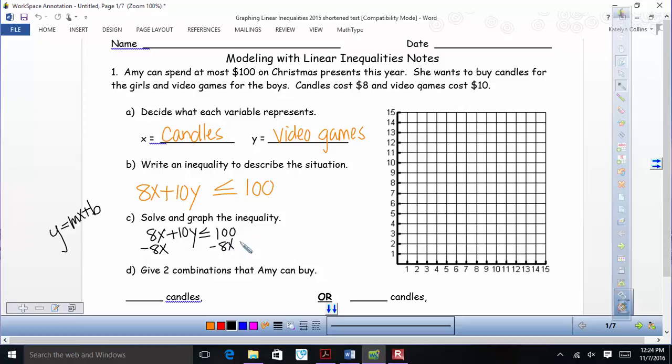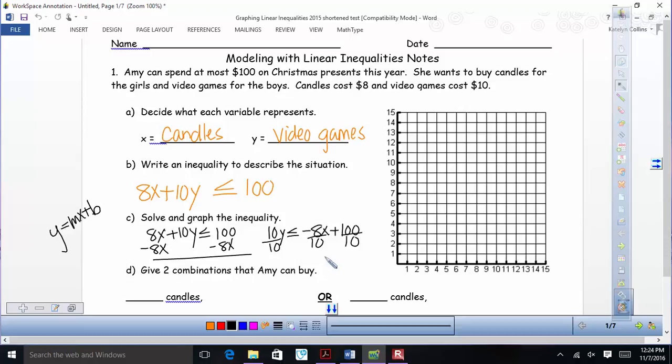We subtract 8x. That would give me 10y is less than or equal to negative 8x plus 100. Then how do I get y by itself? Very good. Divide everything by 10.